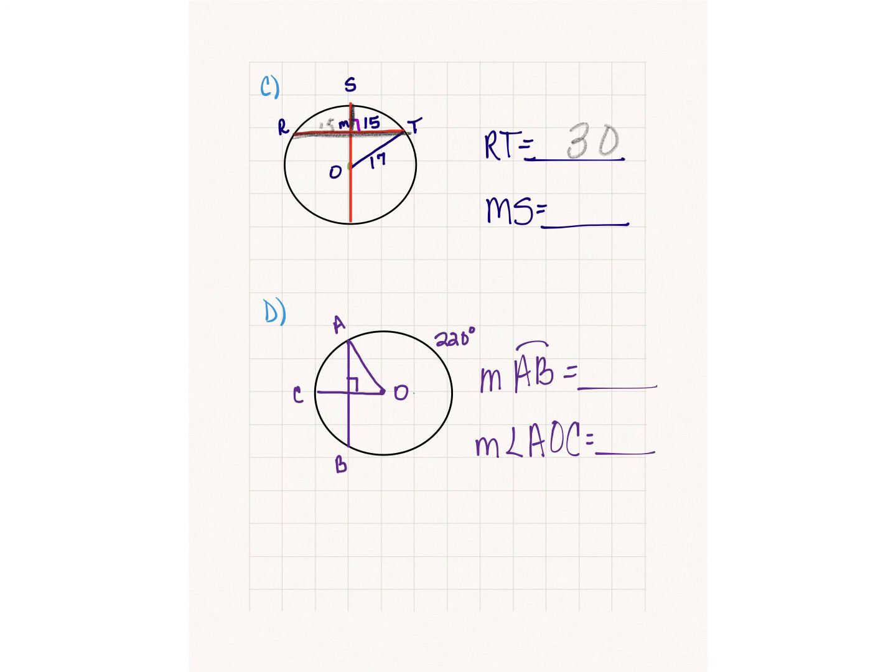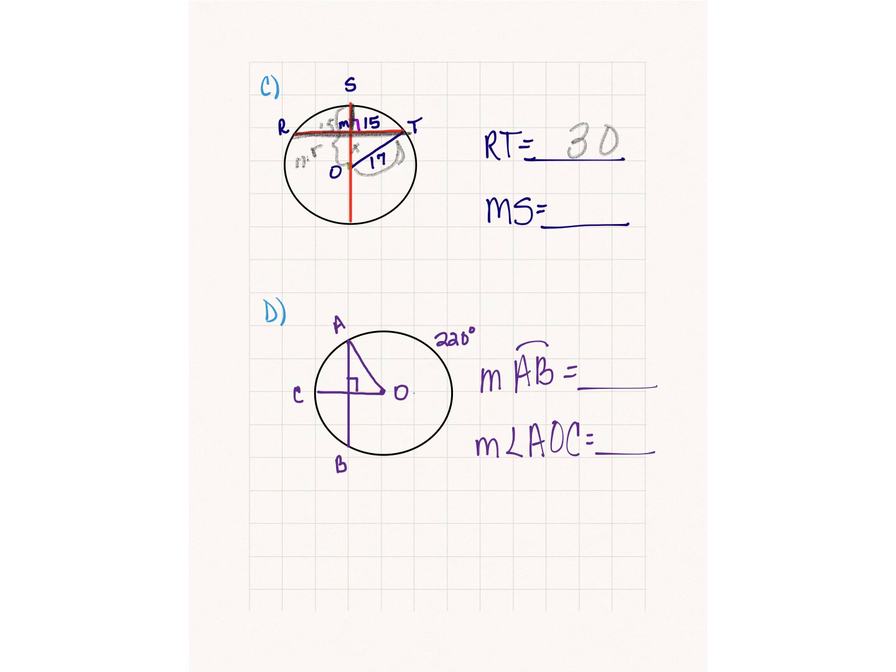Now I'm looking for MS. Remember, from O to S is the radius, so I know that is 17, because here's a radius that is already drawn. If I figure out this little piece, which I'll call X, then I can subtract it from the radius to get MS.